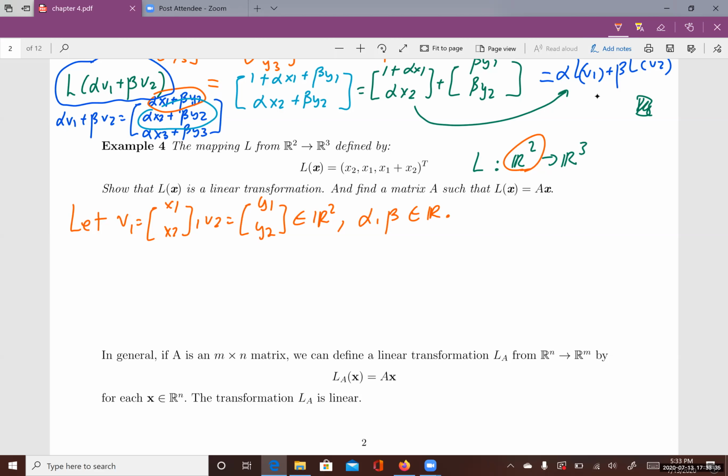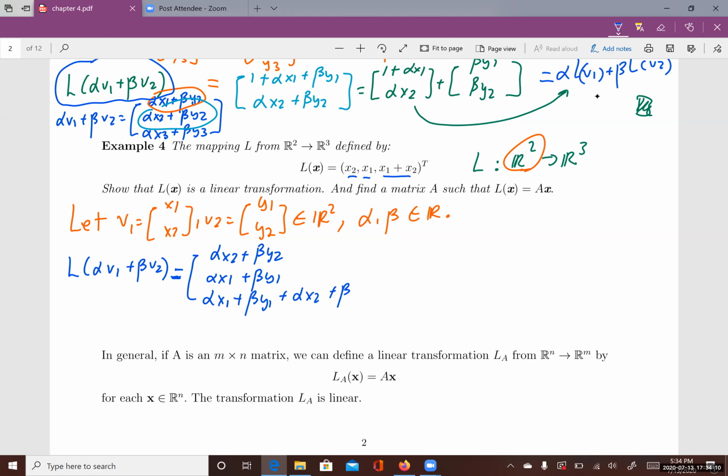Now I want to go from one side to the other. alpha v1 plus beta v2 equals, I'll do it real quick, the map gives (x2, x1, x1 plus x2). So with alpha x2 plus beta y2, alpha x1 plus beta y1, and alpha x1 plus beta y1 plus alpha x2 plus beta y2.